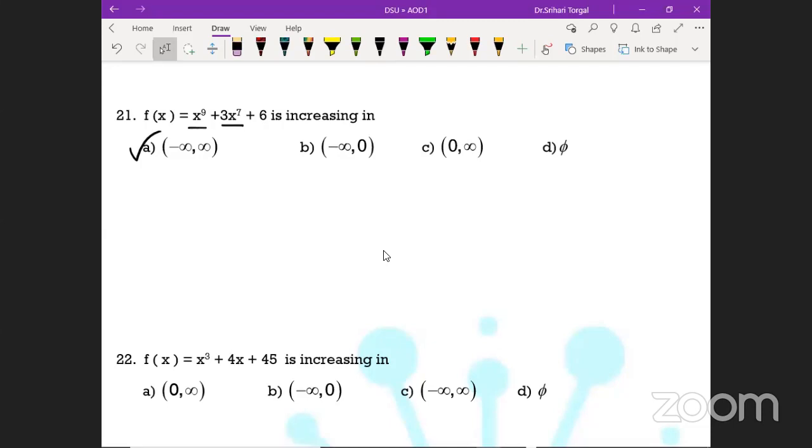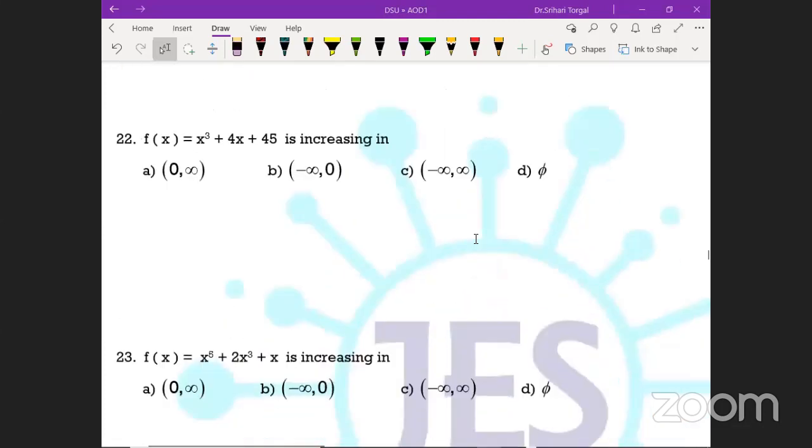Minus infinity to infinity is the answer. x power 9 is an odd function, x power 7 is an odd function. If it is an odd function, then it is always increasing. And a constant will not change the increasing or decreasing.